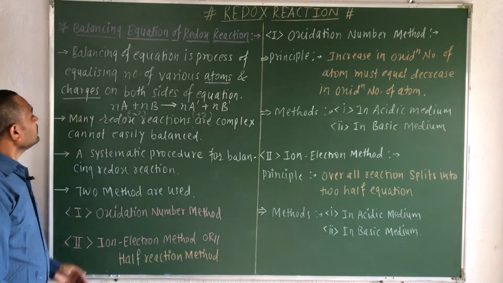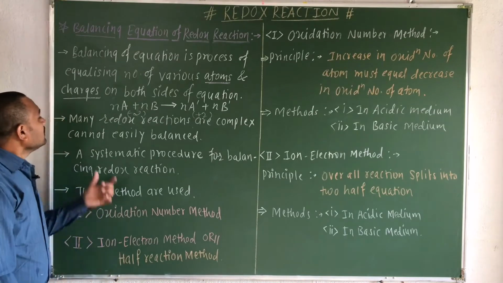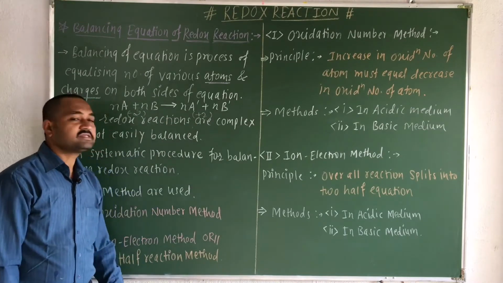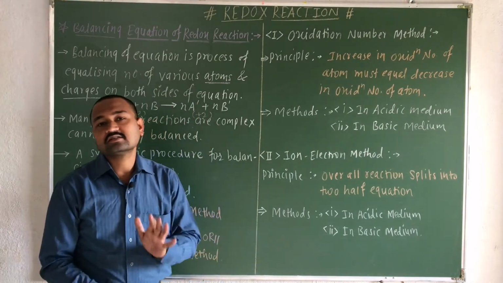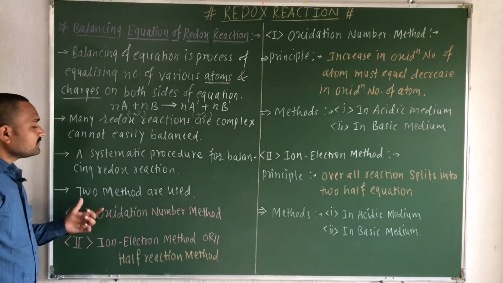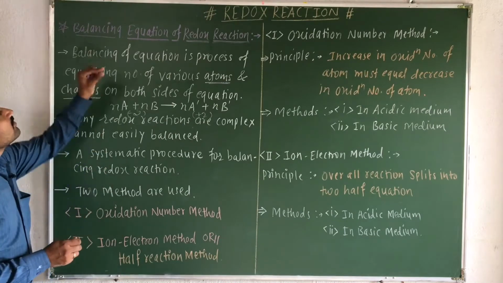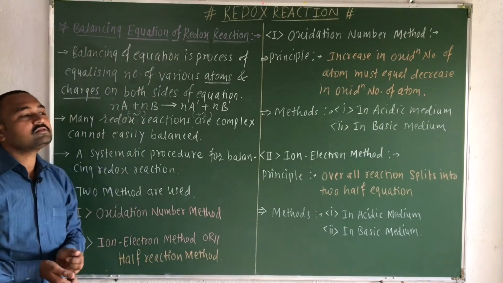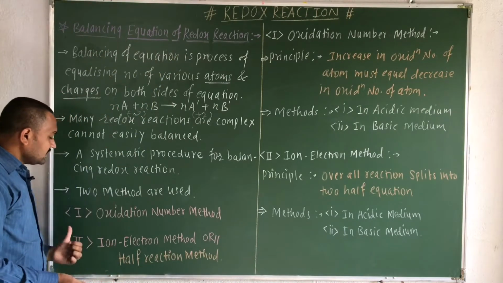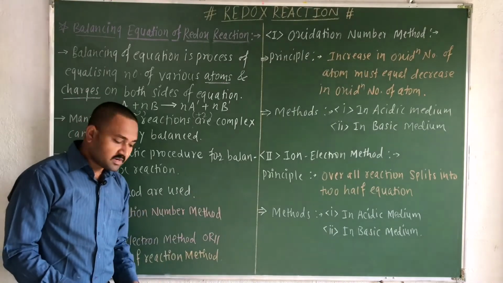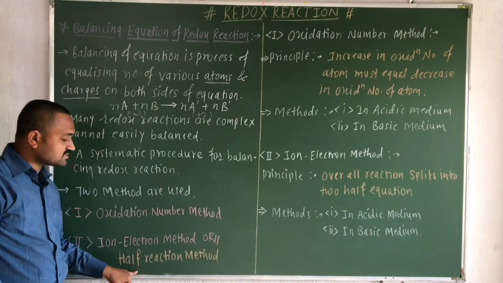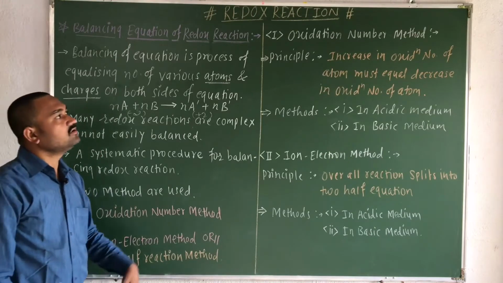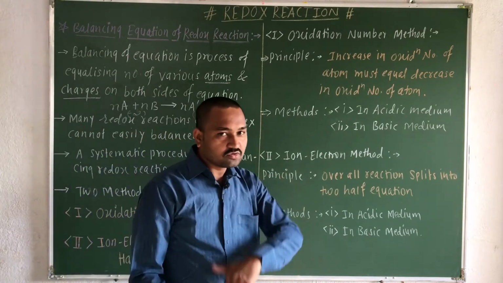Now remember, many redox reactions are complex reactions and they cannot be easily balanced. That's why we require a systematic procedure. These redox reactions are balanced by using two methods, first the oxidation number method and second the ion electron method, which is also known as the half reaction method. Now what are we going to learn in these two methods?